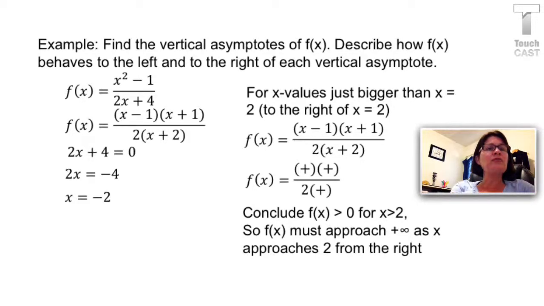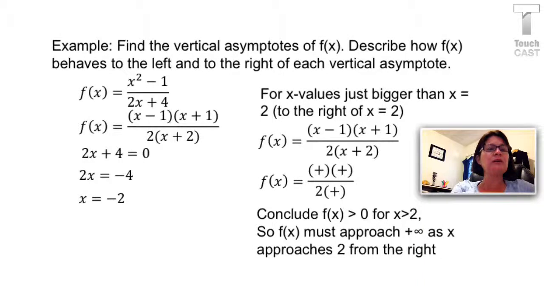So I have my factored version of the function here. I want to pretend I'm going to plug in a number just bigger than 2. I don't want to plug in a number that's far away from 2 because I'll change the values of some of these other factors here. But imagine plugging in 2.1. x minus 1, does that become positive or negative?